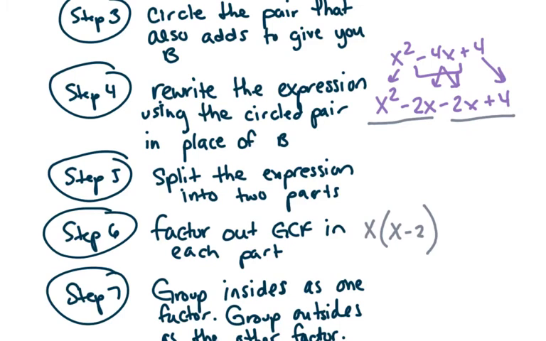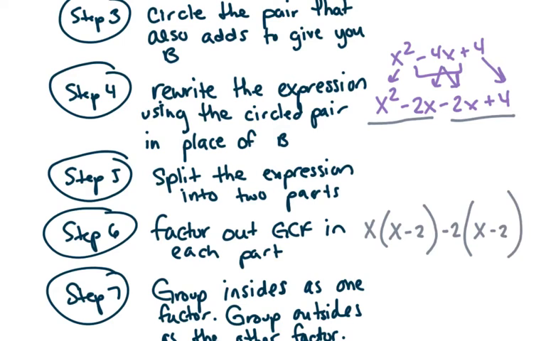Just a 2. Whatever sign comes first, that's the sign that's going to be pulled out. So I'm actually going to pull out a -2. And so -2x divided by -2 would just leave me with an x. And then +4 divided by -2 is going to leave me with a -2.